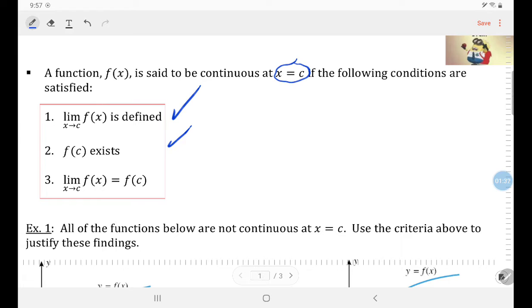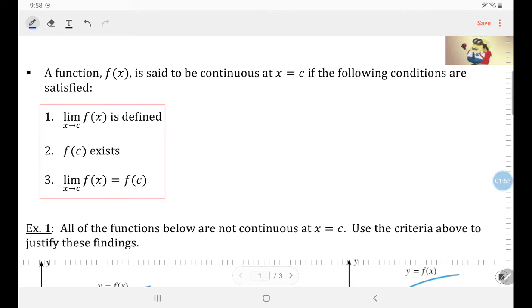And then thirdly, not only does this exist and this exist, but they must equal each other. So whatever you find for criteria 1 in your limit must equal what I get from plugging in. Those are the three criteria we're going to play with today.